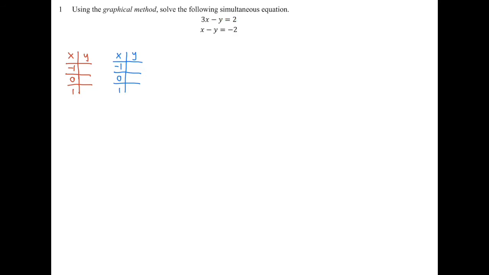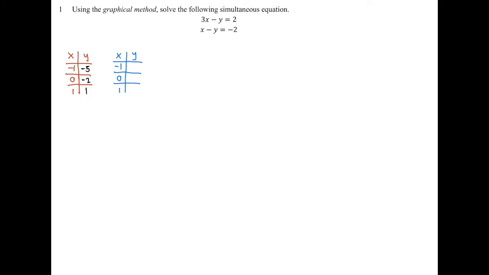It will give us a negative 5. And then if we plug 0 here, what are we going to get? We'll have negative 2. And then if we have a positive 1, our y value is also 1.